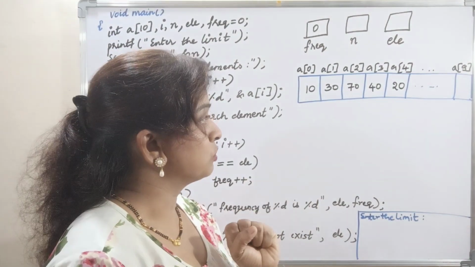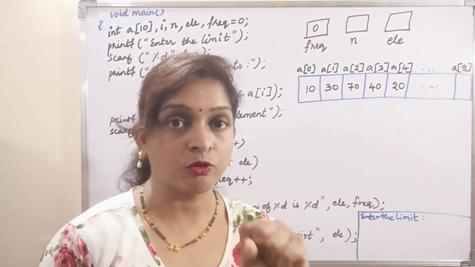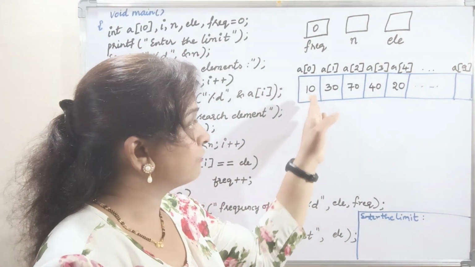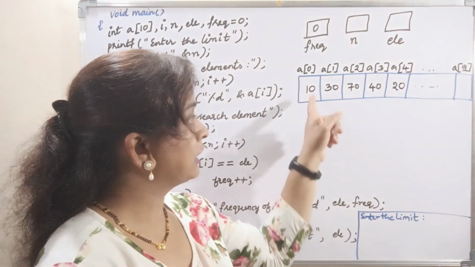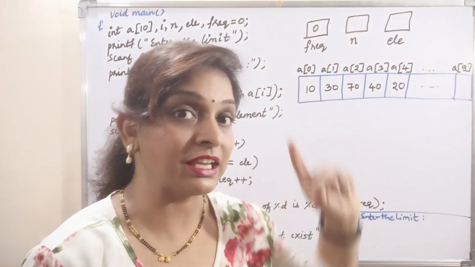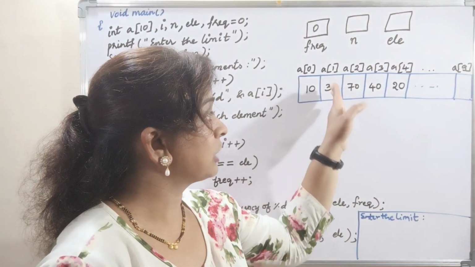So what I need to do is take the element for which I need to find the frequency and compare it with every element of the array. For example, I'll take 70. I compare with 10. If it is equal to 10, then the frequency count increases. If not, it remains 0. Compare with 30.